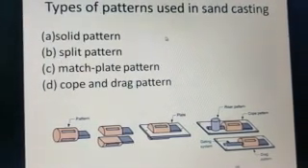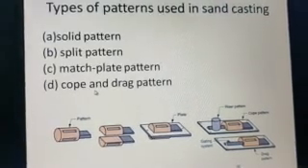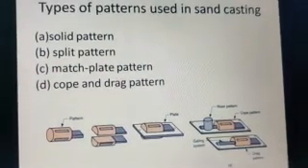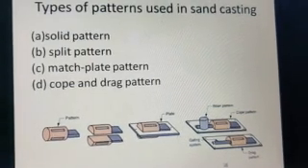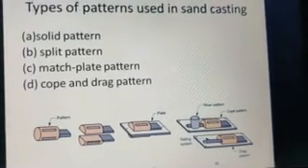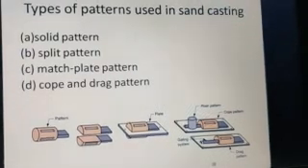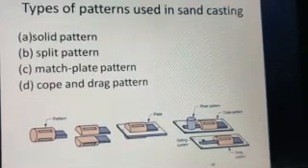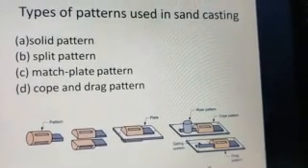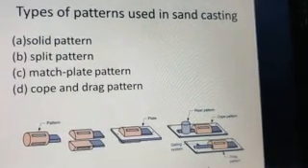And finally the easiest type of pattern, which makes mold making easier, is the cope and drag pattern, which comprises all the segments in a sand casting process, like the riser pattern, the cope pattern, the drag pattern, the runner pattern, the gating system, and every particular element that you require in a sand casting can be satisfied by using a cope and drag pattern.